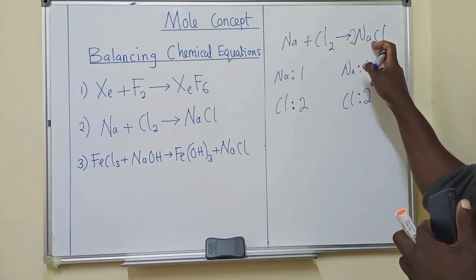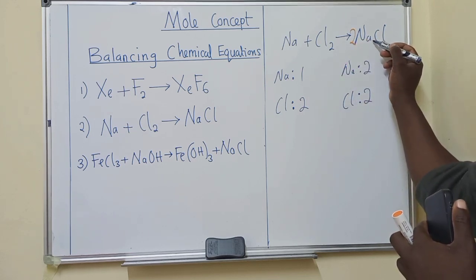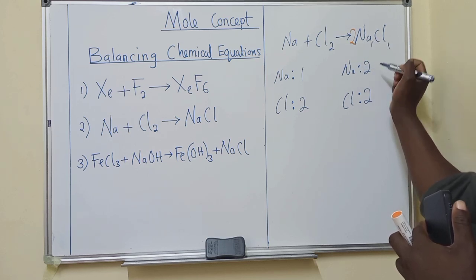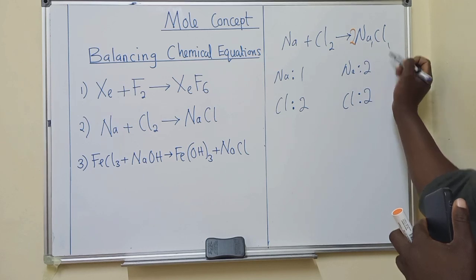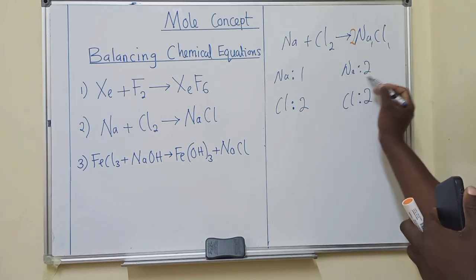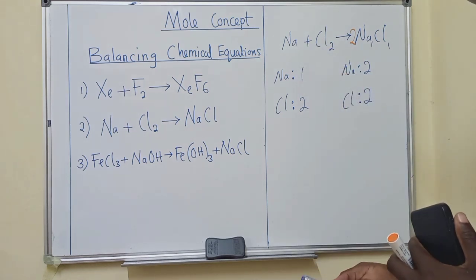This 2 times the 1 which is on chlorine gives 2, and this 2 times the 1 on sodium also gives 2. But still it's not balanced, because sodium has changed to 2.